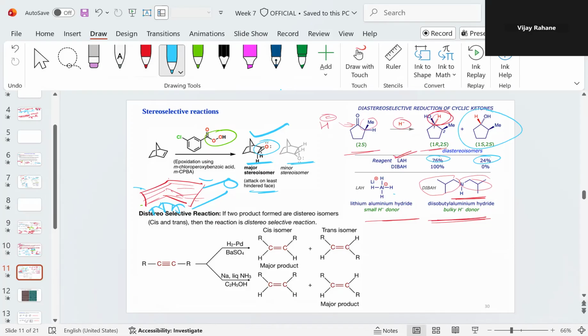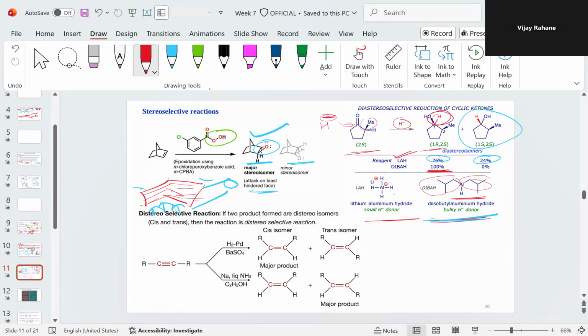And only 75% is the major product. But still, if we want to have the pure product, we can use this bulkier reagent, in which we can directly attack this hydride on the bottom side, and we are getting nearly 100% of this product in which this hydrogen will be directing downward.